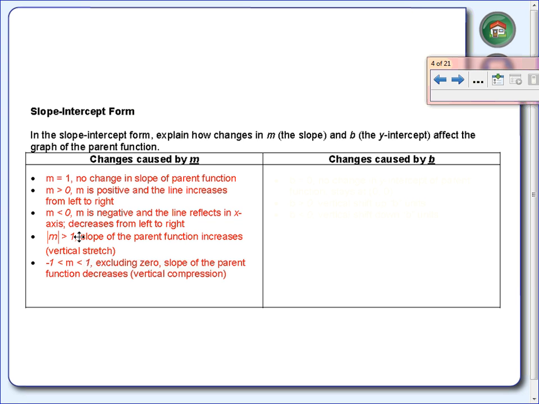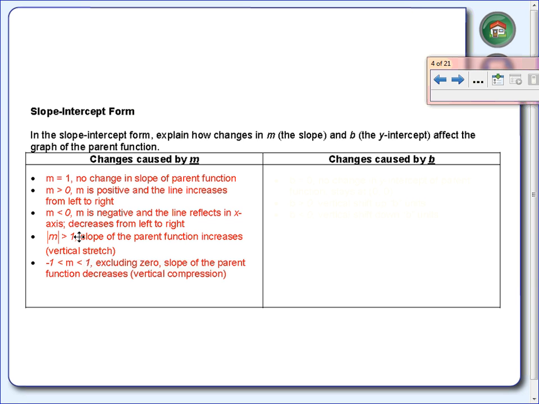The second one says if m is greater than 0, in other words, if m is a positive number, then the line increases from left to right.